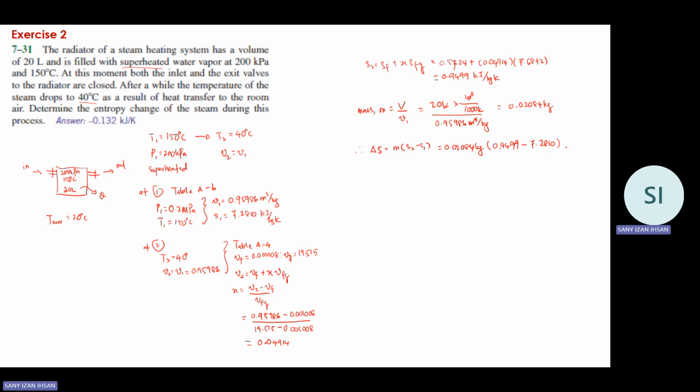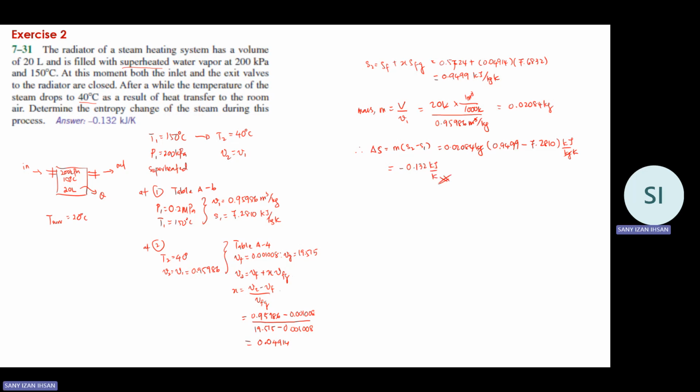And the unit for this is kilojoule per kilogram Kelvin. So kilogram you can cancel, so you end up with the unit of kilojoule per Kelvin. And if you do the calculation, you would expect that it will be a negative value. So you'll have minus 0.132 kilojoule per Kelvin.